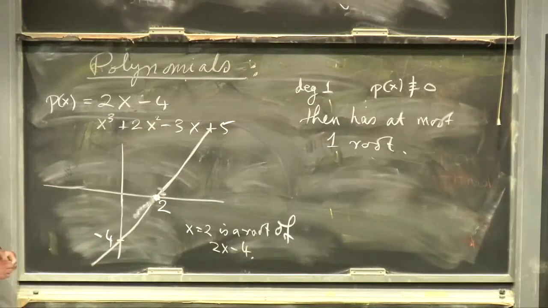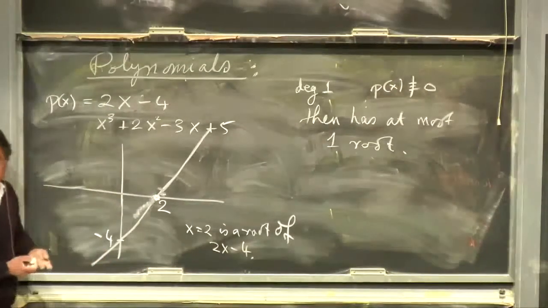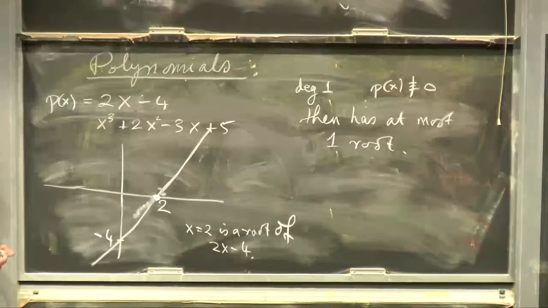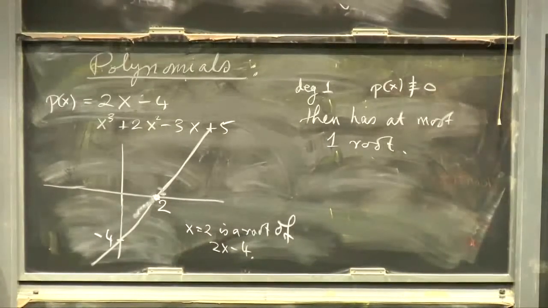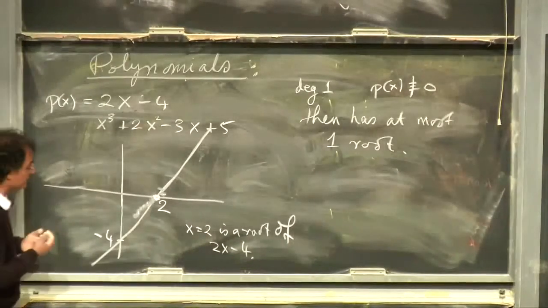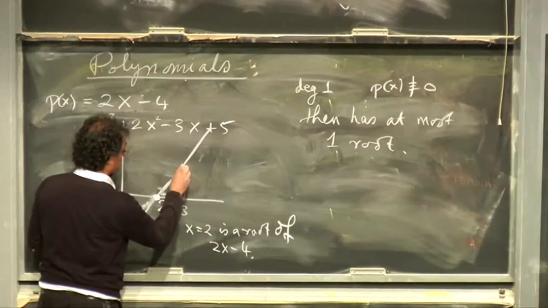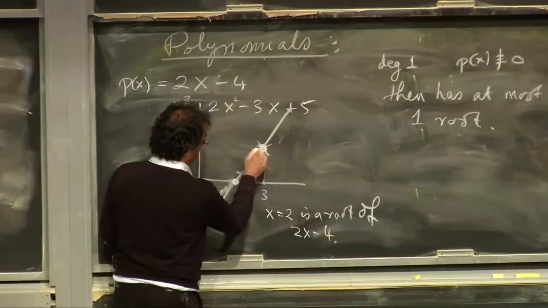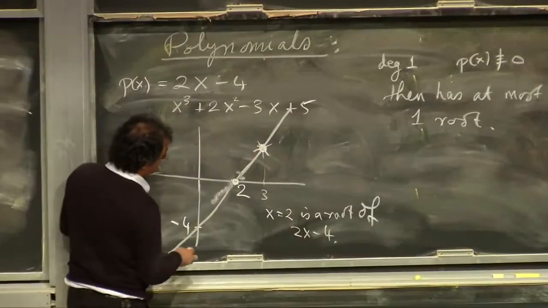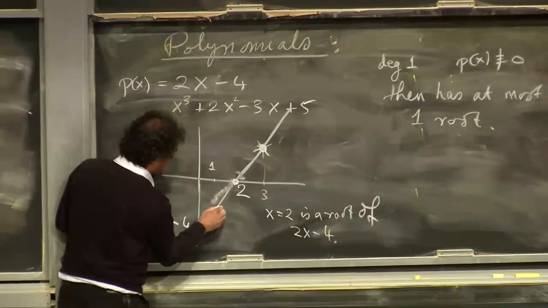Okay. Here's another property of a line, of this degree 1 polynomial. If I give you the value of this polynomial at 2 points, then it determines the polynomial uniquely. So if I tell you at this point 3, it takes on this value, and if I also give you some other value, for example, I tell you at 1, it takes on that value.